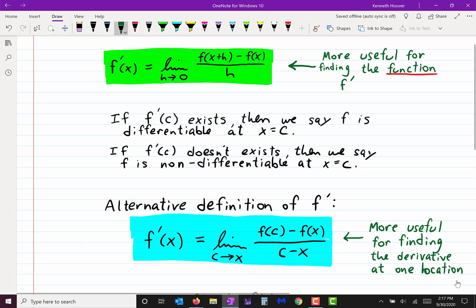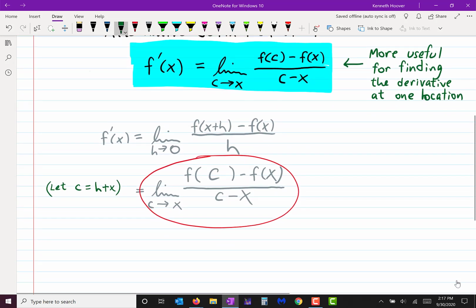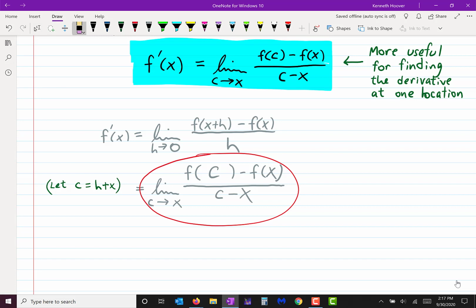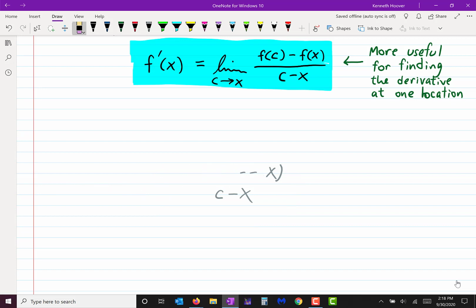Because you can always take that blue definition and write it this way. Let's write down this much here. Let me just do a couple of things, and at first you might not understand why, but you'll see why it's useful.